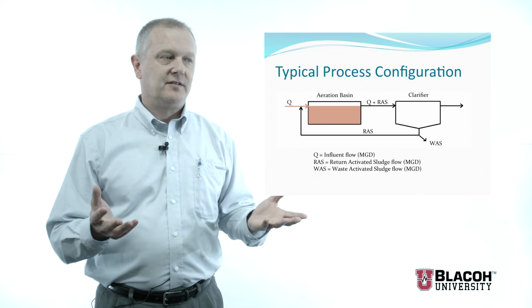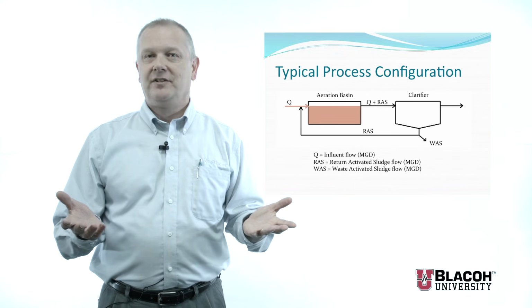Now, in an aeration basin, we have, logically, some kind of aeration system. We either have diffusers on the floor that bubble air up through the liquid, or we have some kind of mechanical device that stirs and churns up the liquid and gets oxygen and air to dissolve in that water so that there's plenty of oxygen for the microorganisms to do their job.